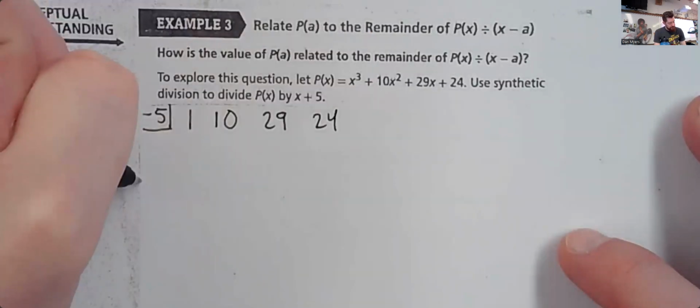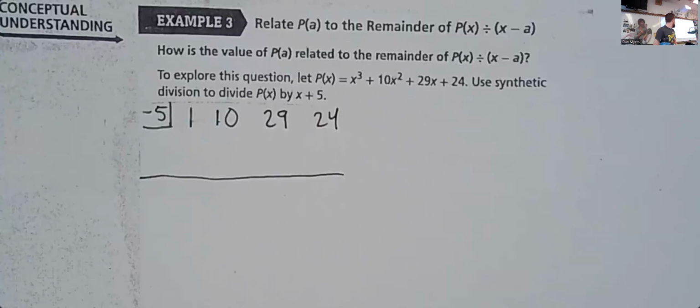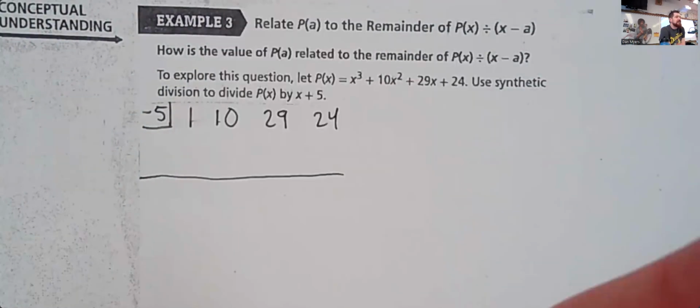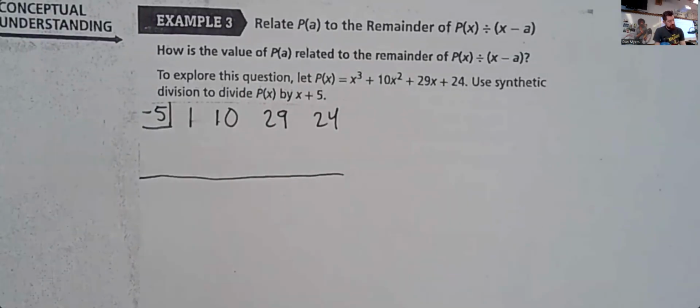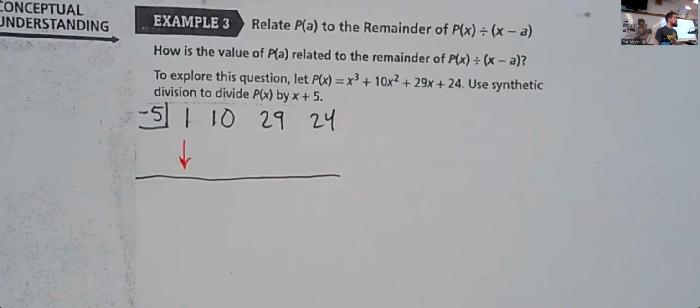Cool. All right. Set up synthetic division. And I want you to go ahead and solve this one on your own. Work through that. Figure it out. See if there's a remainder or not. No, this is going to be 4. That'll be 5x.